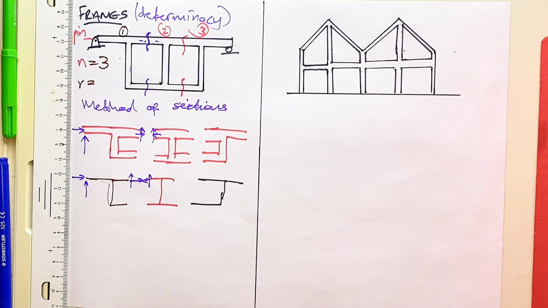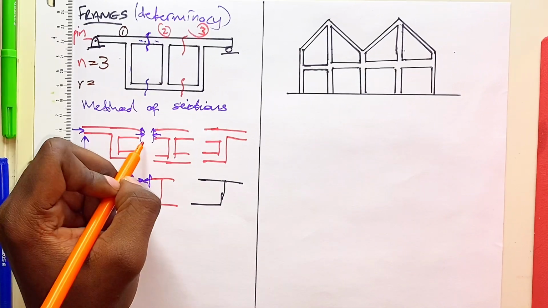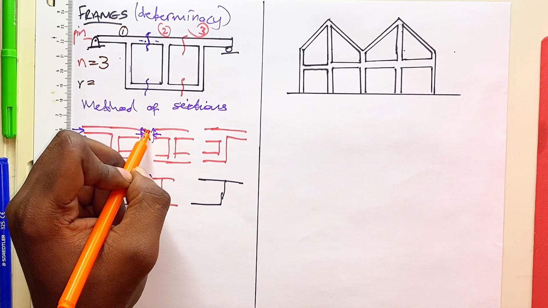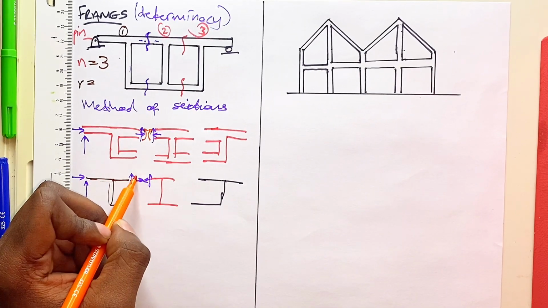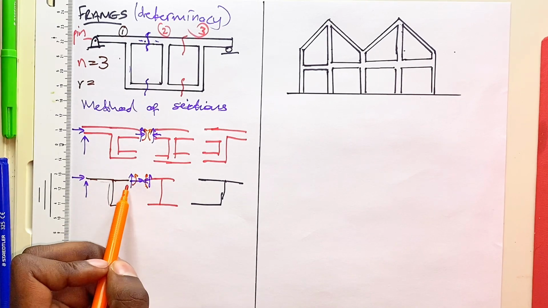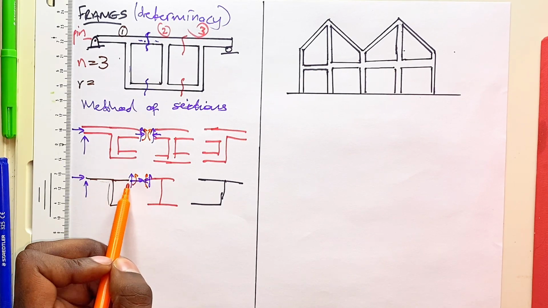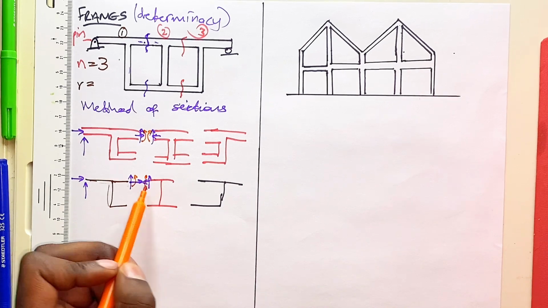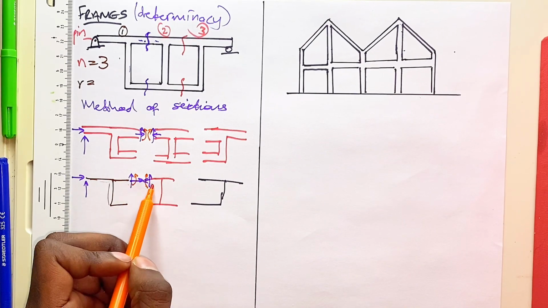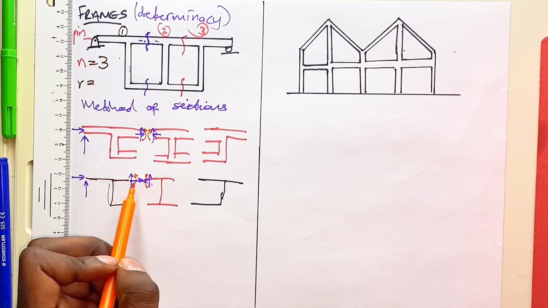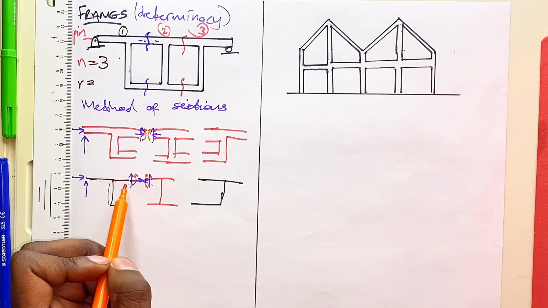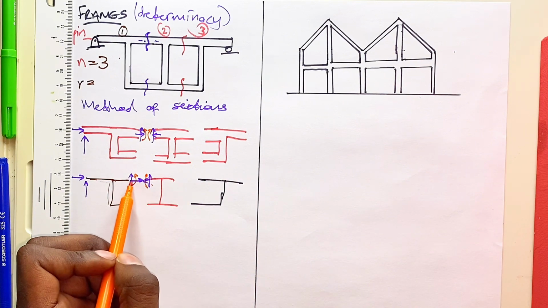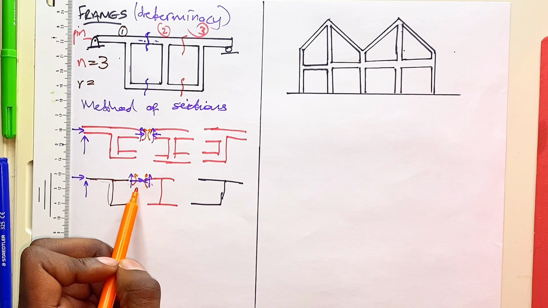So we not only have the y and x reactions, we also have the moment. Remember that when I do it on the left hand side and on the right hand side, they will both have this reaction, but they will be equal because of Newton's third law. So this and this are equal, coming from the same cut, right?